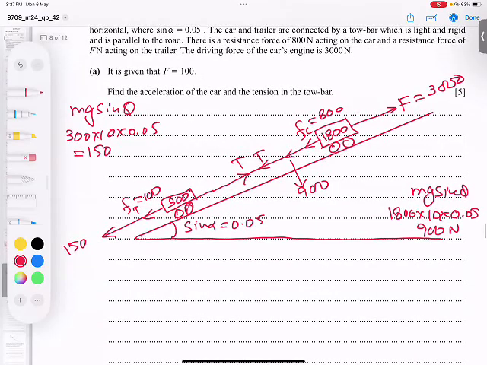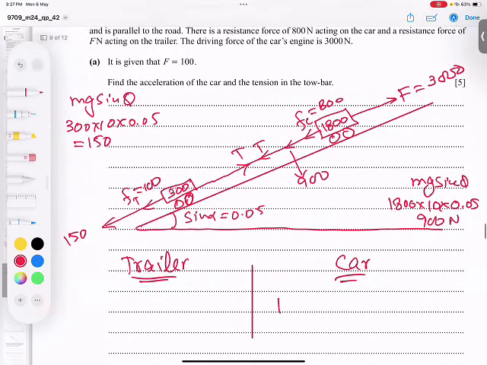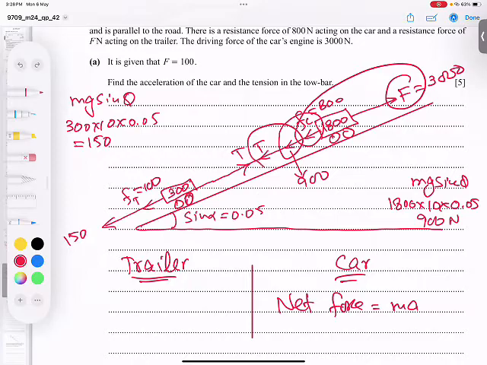Now students, I will make two equations, one for the car and one for the trailer. For the car, what is the basic formula? Net force is equal to ma. So let's talk about how many forces are acting on the car: 1, 2, 3, 4.